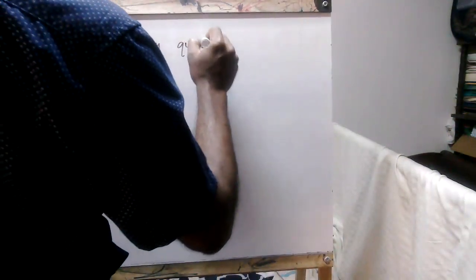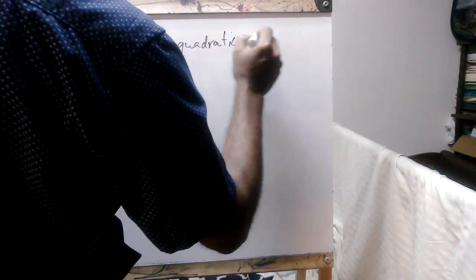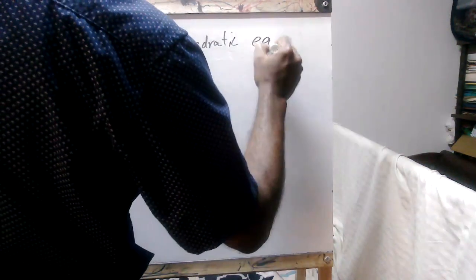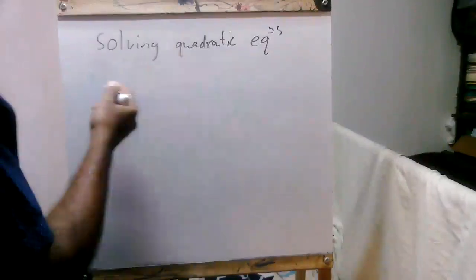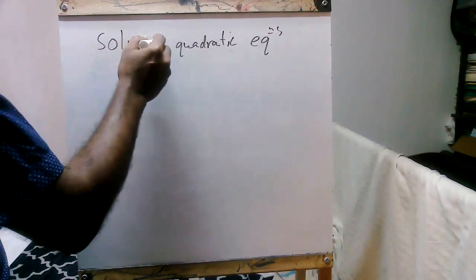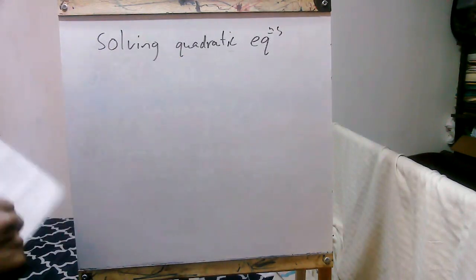Now let's see solving quadratic equations. Quad means 2, so these are second order equations, where the highest power is 2.